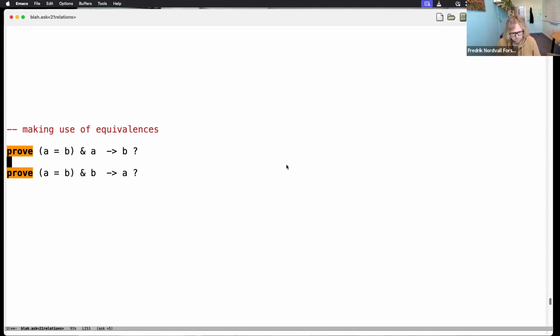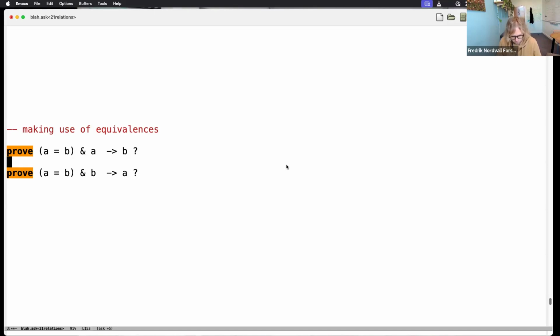So I hope it does seem reasonable to you that if you know A is equivalent to B, and you also know A, that you can deduce B. And likewise, if you know A is equivalent to B, and you also know B, then you can deduce A. You know, let's not be astonished by these things.